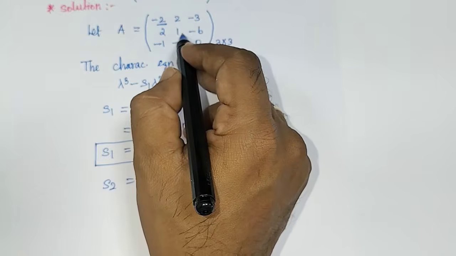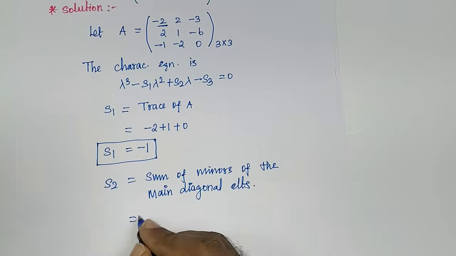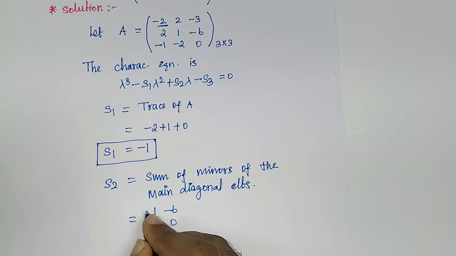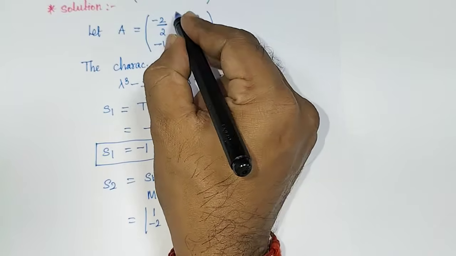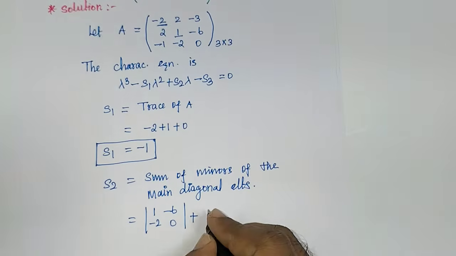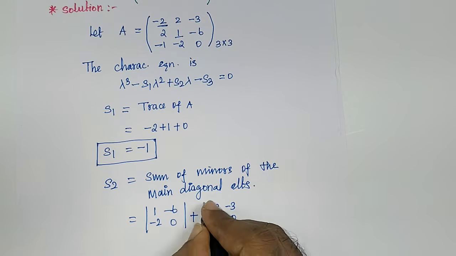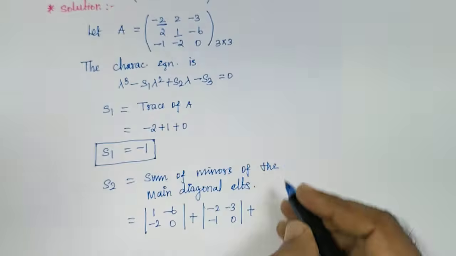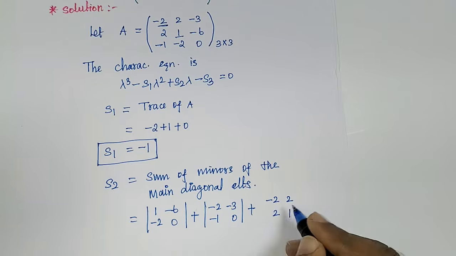Based on that I am going to find the minor. Omitting this row and this column, the remaining you can write as a determinant: 1, minus 6, minus 2, 0. Then plus the second diagonal element 1, based on this: minus 2, minus 3, minus 1 and 0. Third diagonal element 0, based on this: minus 2, 2, 2, 1.